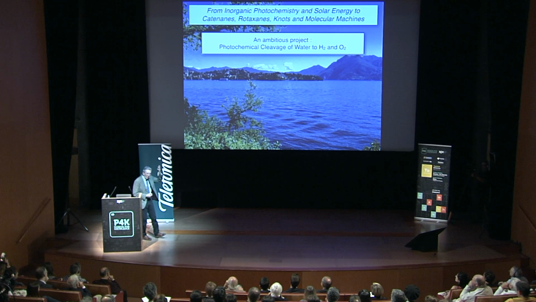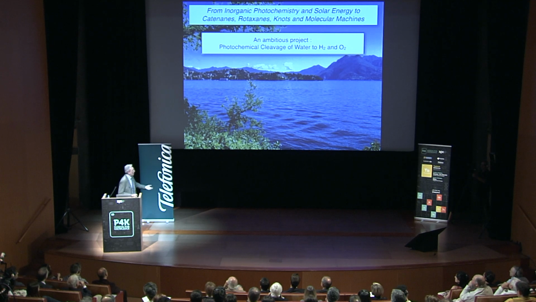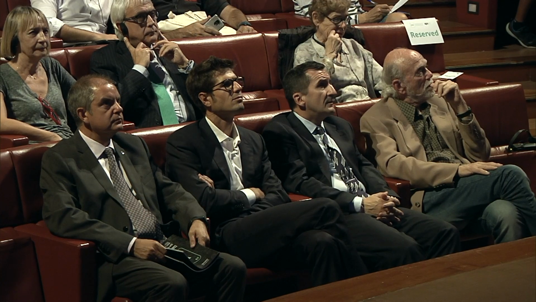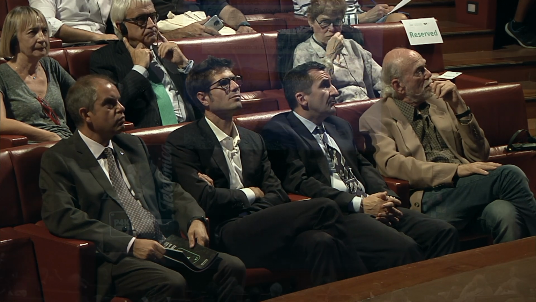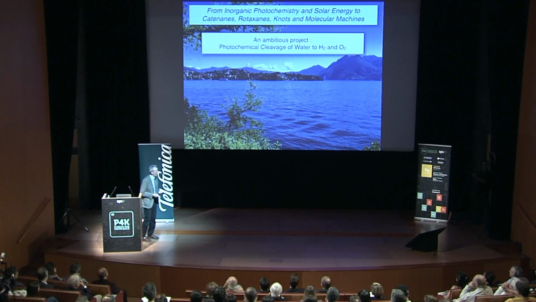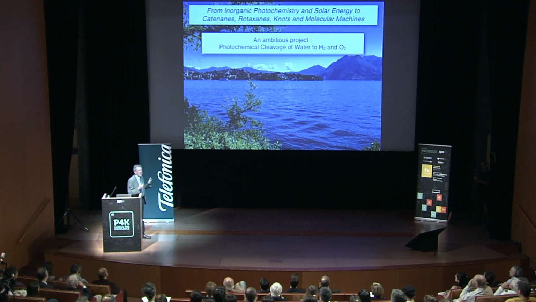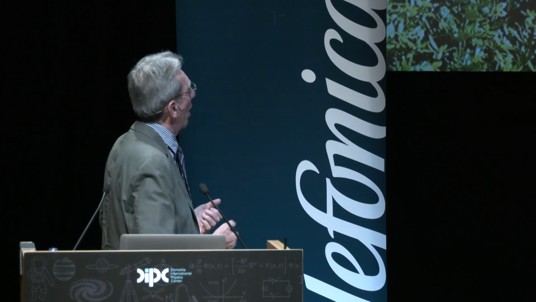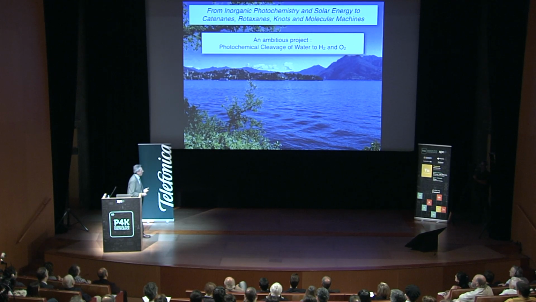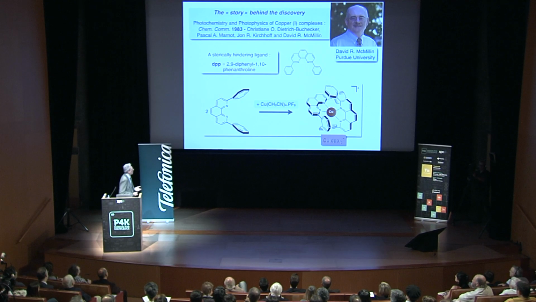This is a dream reaction, of course, because if you can use solar light plus water to make hydrogen, it would be a big step towards non-polluting fuels. There were, and there still are, many research groups in the world trying to split the water molecule to H2 and O2. So we were interested in that, using a molecular approach.